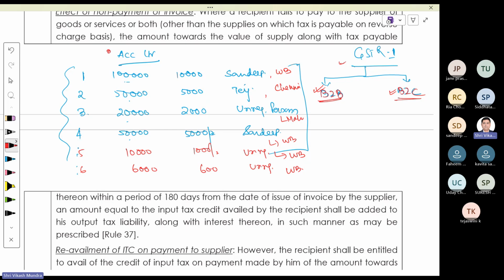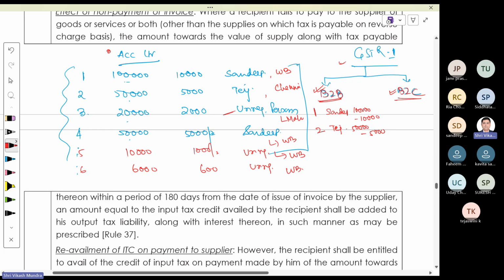That means it will report invoice number 1 issued to Mr. Sandeep for rupees 1 lakh, on which we charged tax of rupees 10,000. Again, invoice number 2 issued to Tejaswini worth rupees 50,000. On that, tax would be 5,000.